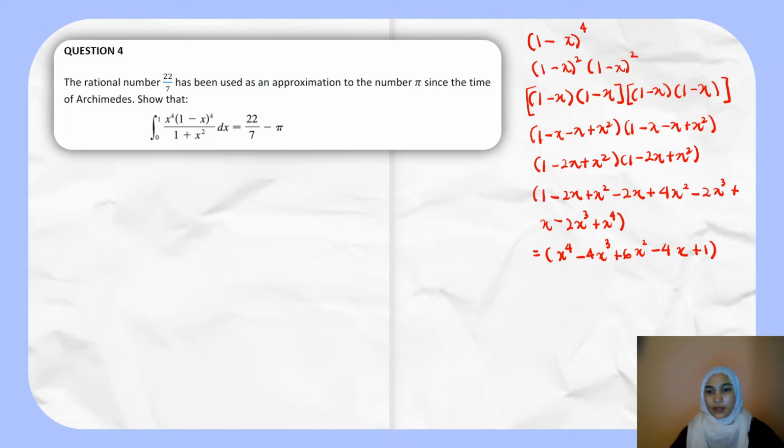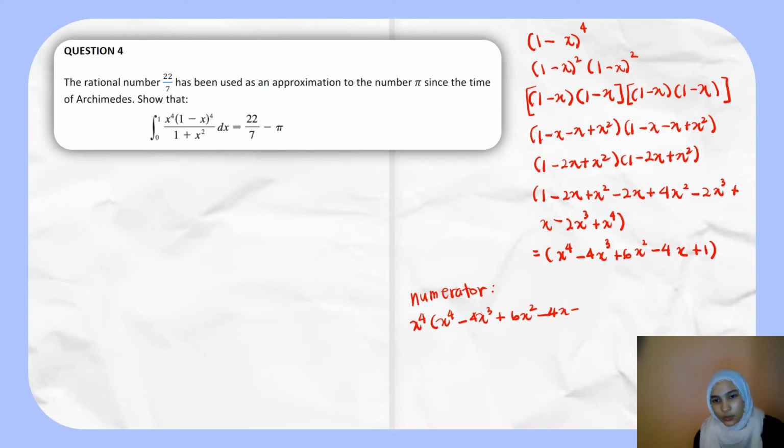After we get the value in the bracket, we can expand the numerator here. So it will be written like this: x to the power of 4 times x to the power of 4 minus 4x cubed plus 6x squared minus 4x plus 1.